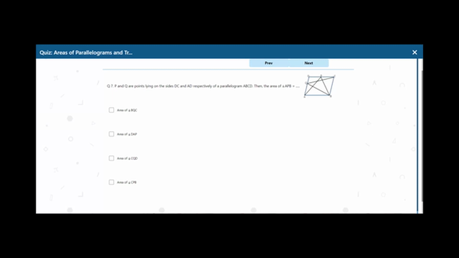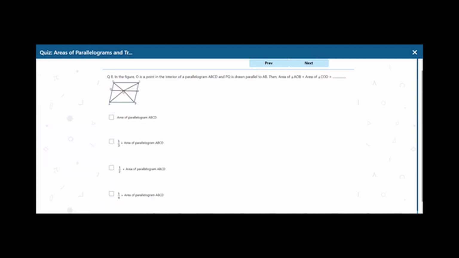Madhumika, you have to answer this. P and Q are points on DC and AD. What is area of APB equal to? Option A, ma'am. Option A, BQC. Mahalakshmi, you have to answer this.